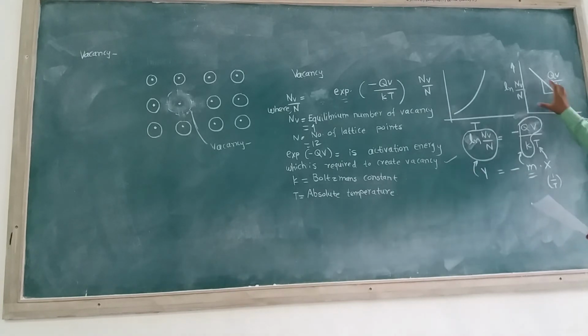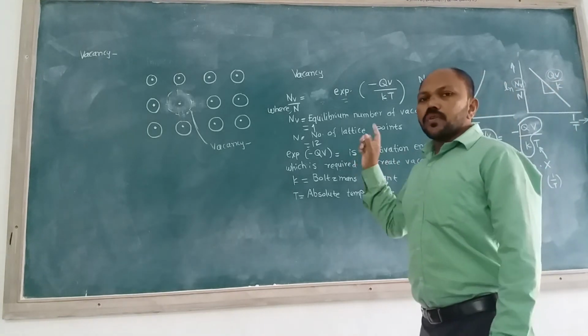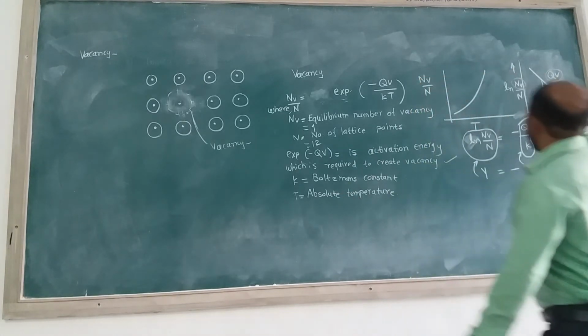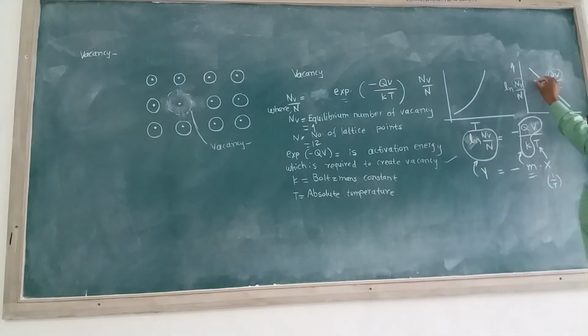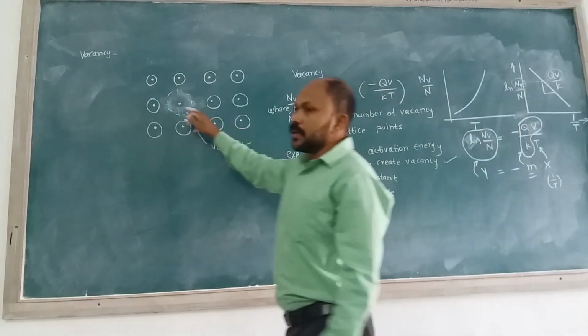Now if we want to find out NV, the number of vacancies, it is possible if we know the energy. Q_V is related to the activation energy. So if we know how much energy is required, it is possible to calculate how many vacancies, how many empty spaces, are available in that material.